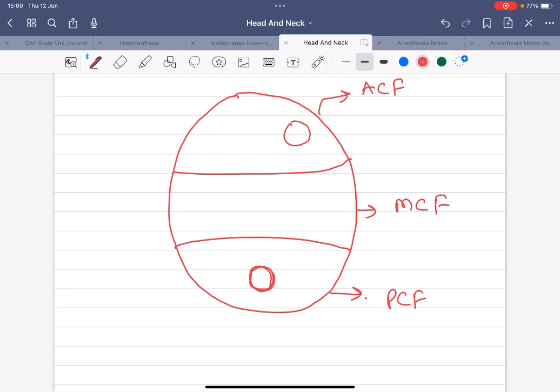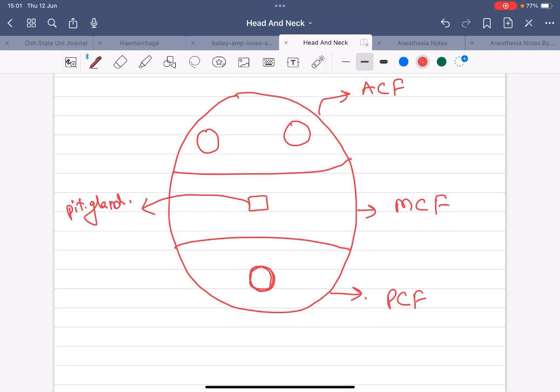Now in the center, you have the body of the sphenoid bone, and here one gland is present, that is your pituitary gland. In the middle cranial fossa you have the sella turcica, and your pituitary gland is located here at the body of the sphenoid bone.